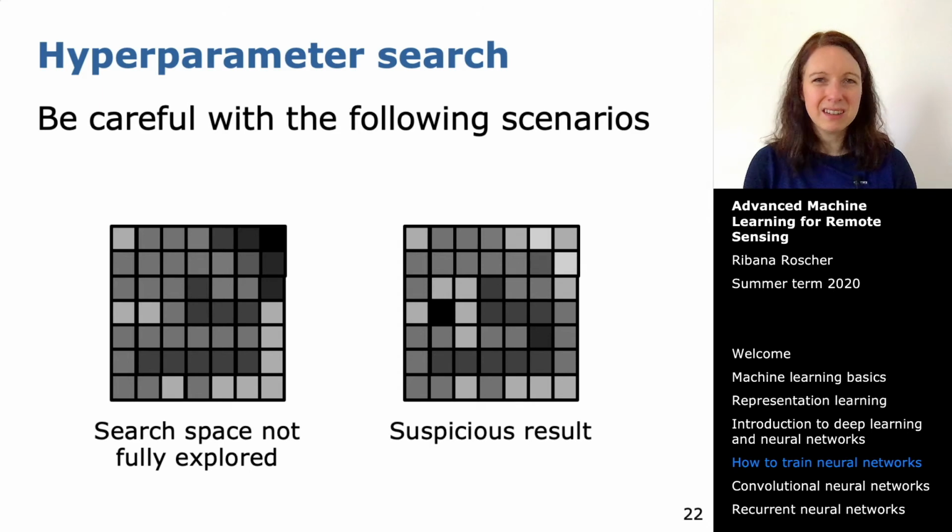And especially this is the case when you do not have a lot of training data, and this is unfortunately very often the case for remote sensing. So have a look, illustrate it or plot it, and then see if either your search space is not large enough or if you have a suspicious result.